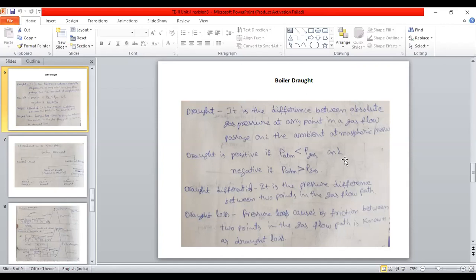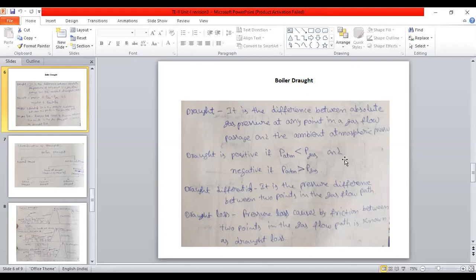Thus, draught producing equipment is designed to create a differential pressure sufficient to allow the desired volume of air to flow into the furnace at the required velocity, to overcome the resistance of the passages in the boiler, and also to discharge gases at a sufficient height in order to avoid pollution of the atmosphere.